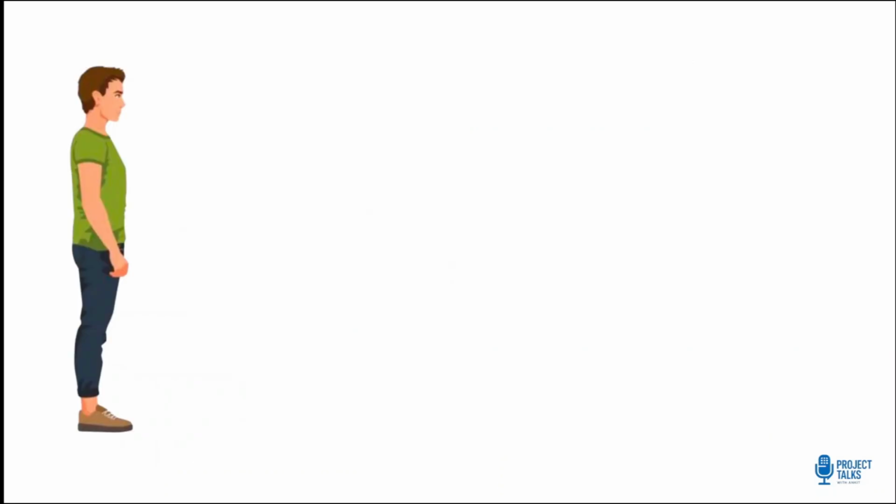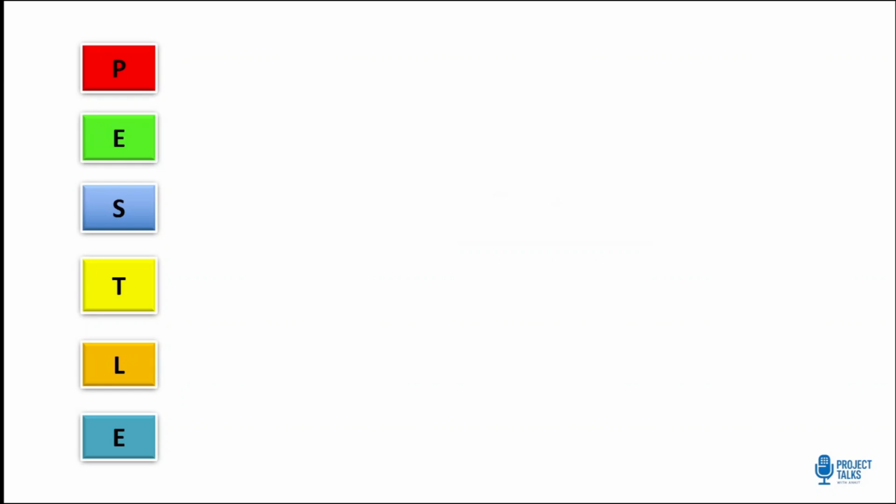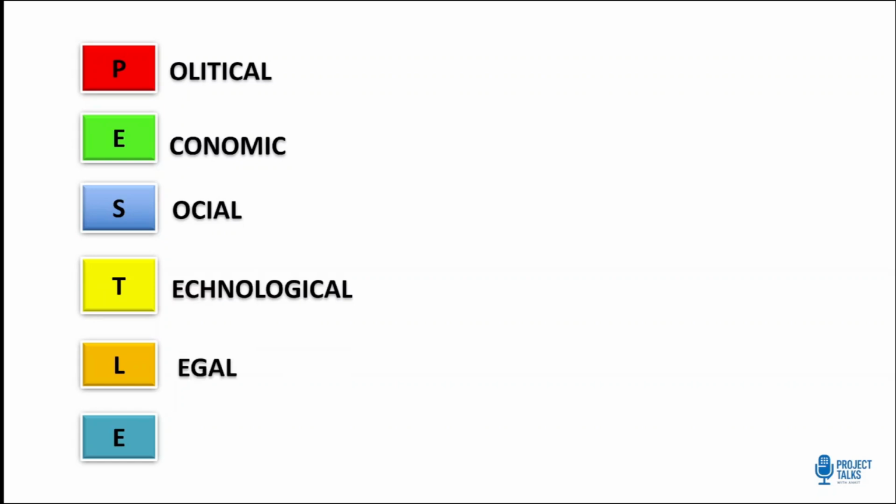As a project manager, you need to recognize which layer an issue belongs to and help us decide whether to fix, adapt, or anticipate. Now, PESTLE stands for 6 categories: political, economical, social, technological, legal, and environmental.